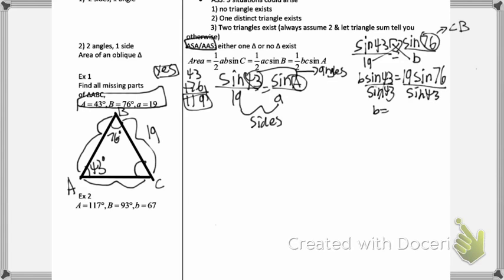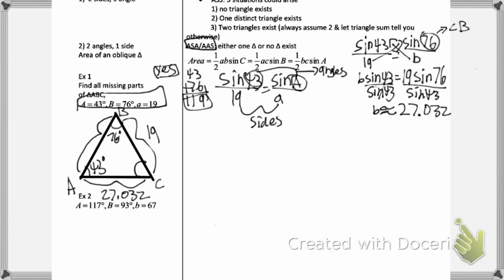So B equals, let's calculate that, 19 sine 76 divided by sine 43. So B approximately equals 27.032. So side B equals 27.032.